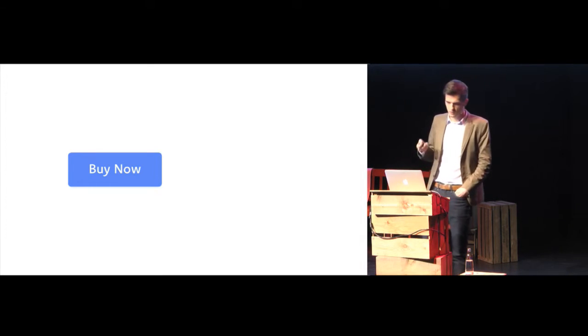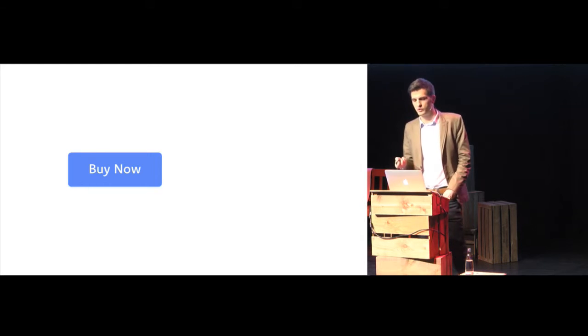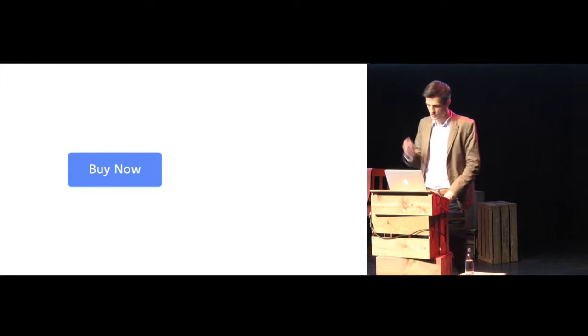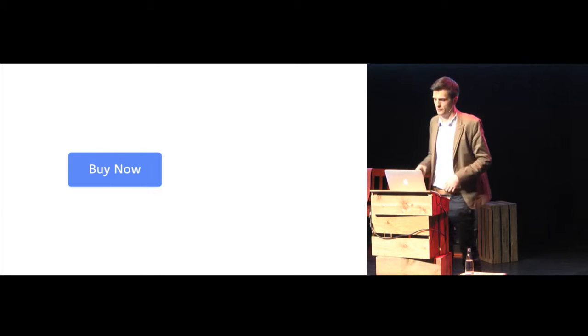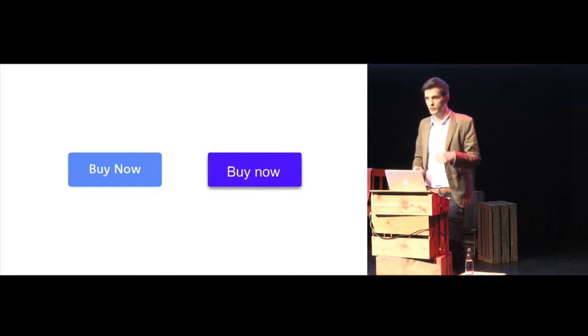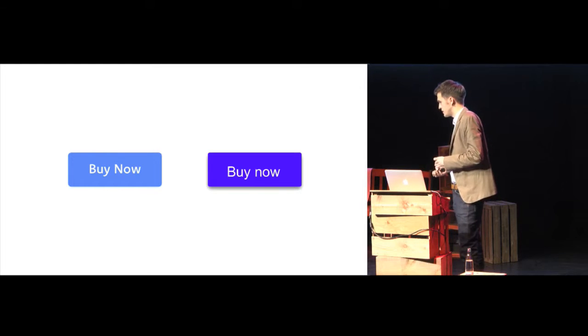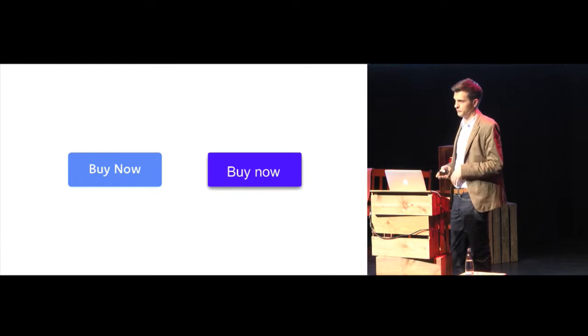So a lot of my students ask me, do I really have to learn how to code to do beautiful typography, to do beautiful digital design? I just want to make beautiful things. Let's say you've designed this beautiful button here, and then the developer comes back and says, it's done, I'm going home.